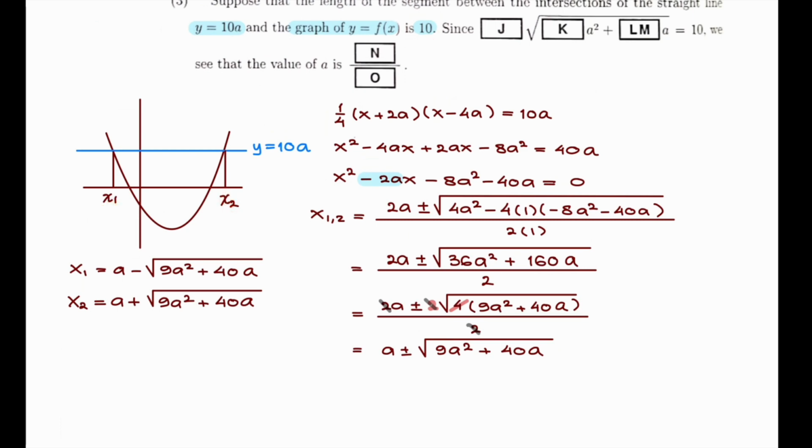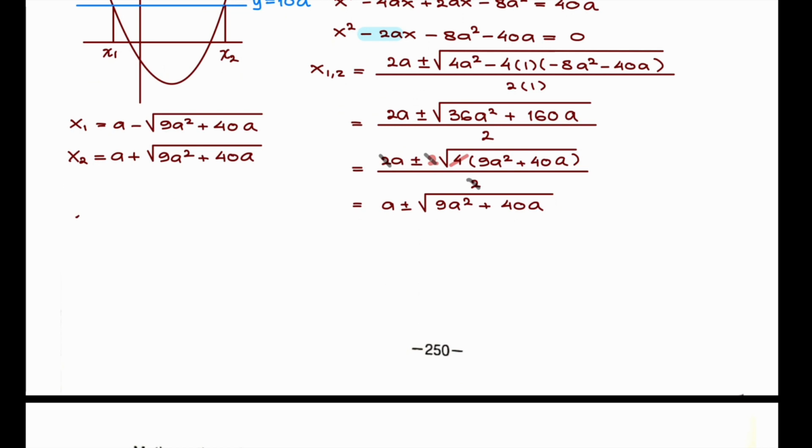So to find the distance, I can subtract x1 from x2. The distance is equal to 10, x2 minus bracket x1.